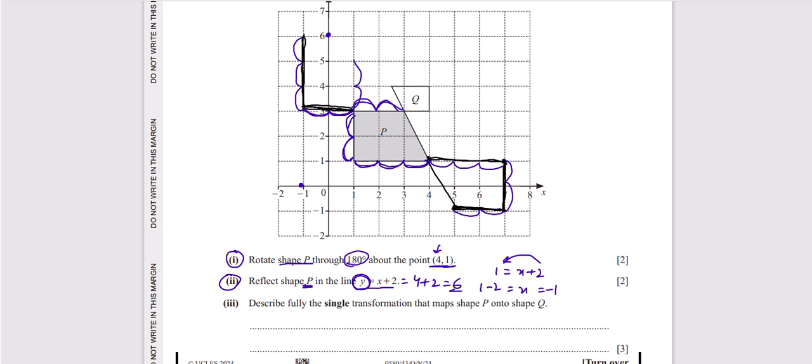The point is here. Draw a line and join this point to this point.